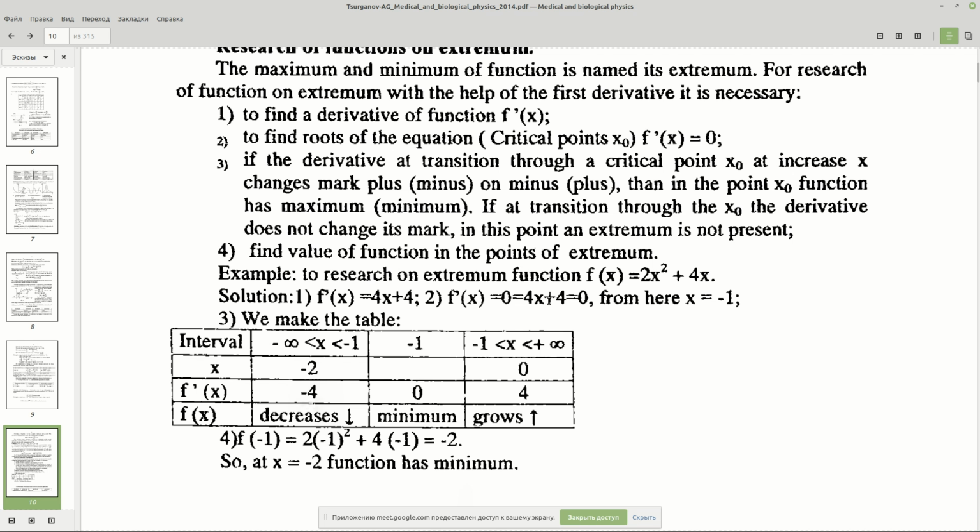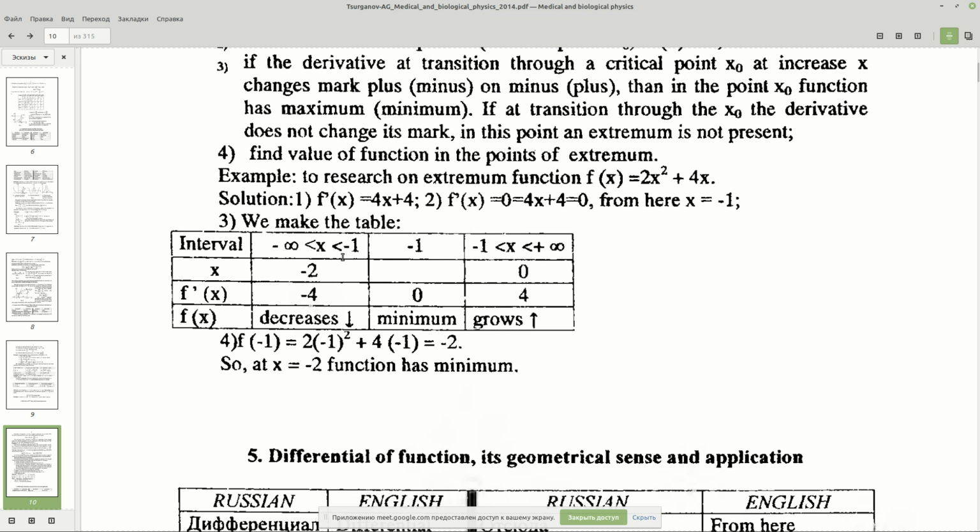At the point x equals minus 1, the derivative is 0. When x is less than minus 1, for example minus 2, the derivative is minus 4, so it decreases.